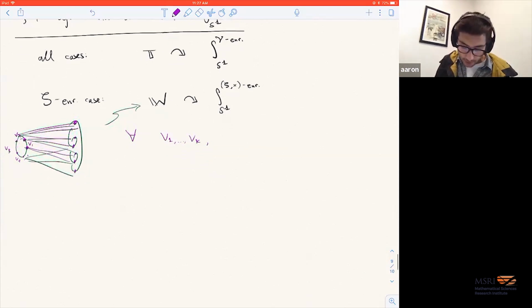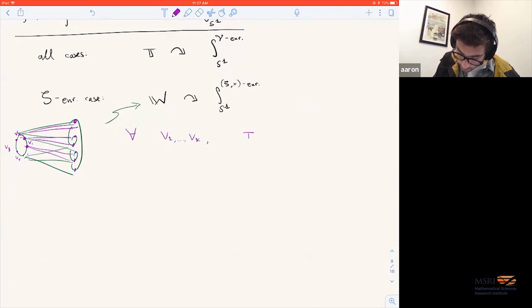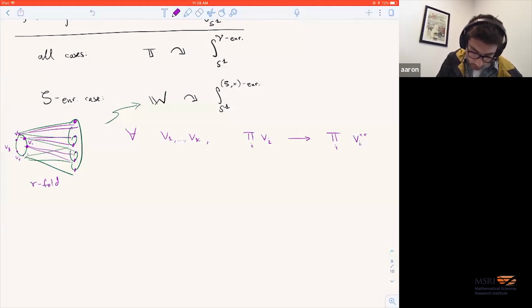And what that amounts to requiring is that we have this diagonal map. So if this is an R-fold covering of circles, it's requiring this diagonal map.